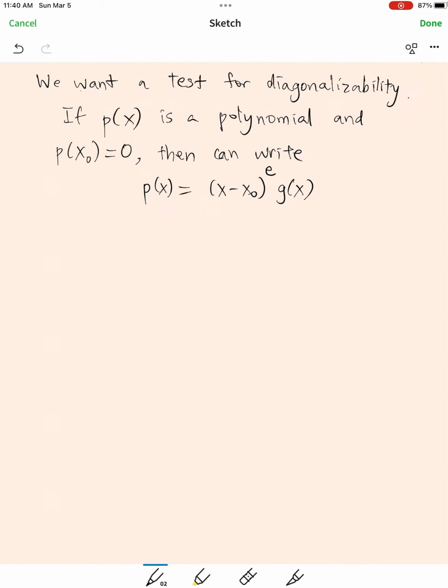Like the most number of x minus x0s that you can factor, let's just call that e. So we can write p(x) as (x minus x0) to the power e times g(x), and g(x0) does not equal 0.